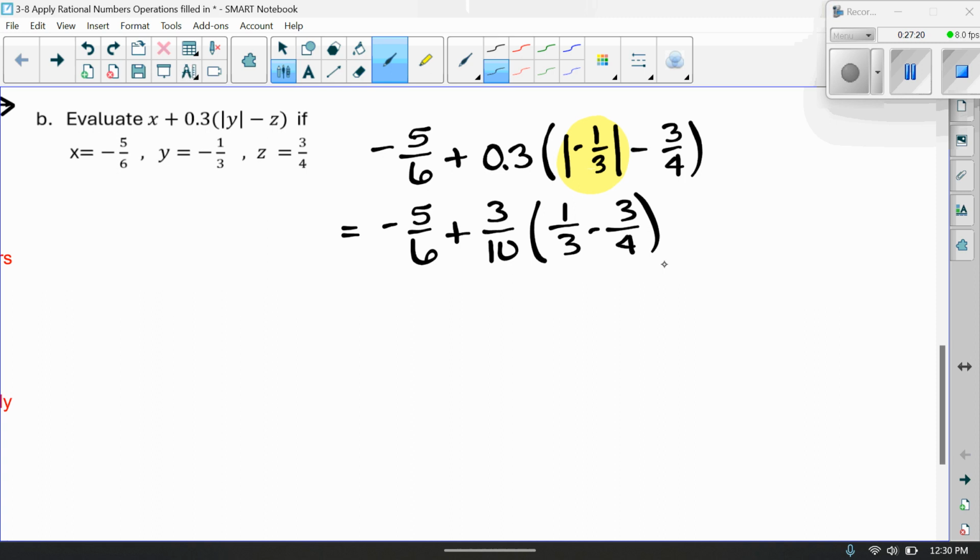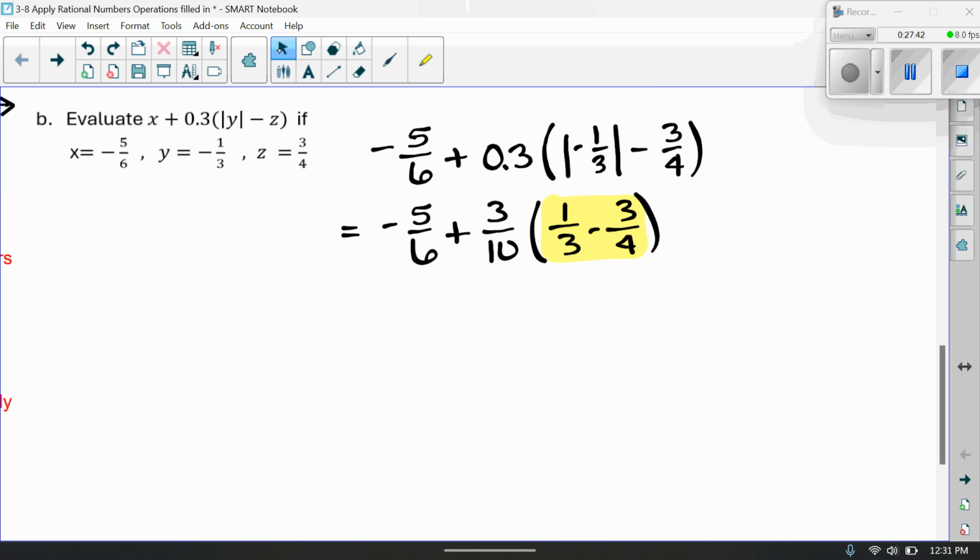Okay. Now we're going to complete the grouping symbols. So inside the grouping symbols, we've got this. Now, before we subtract that, we need to get common denominators.